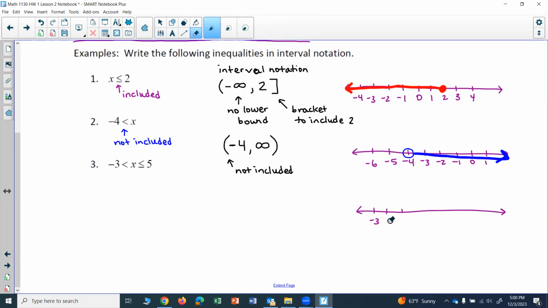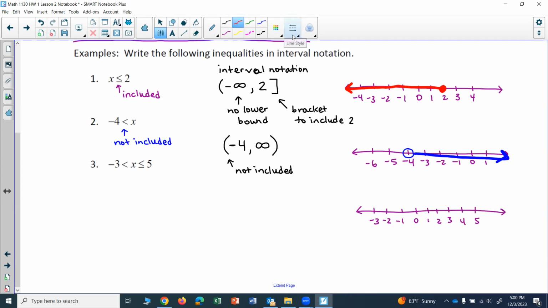So I have -3, -2, -1, 0, 1, 2, 3, 4, 5. Now the -3 is not included.